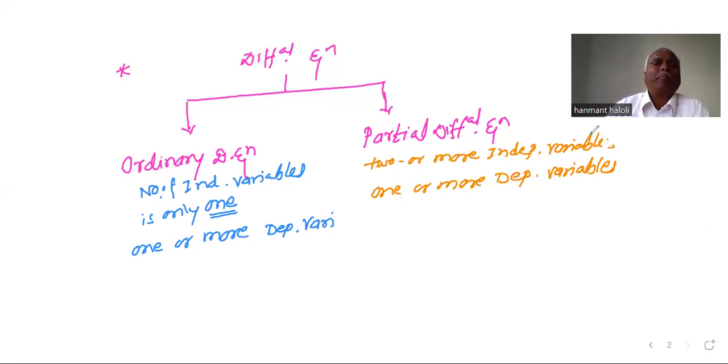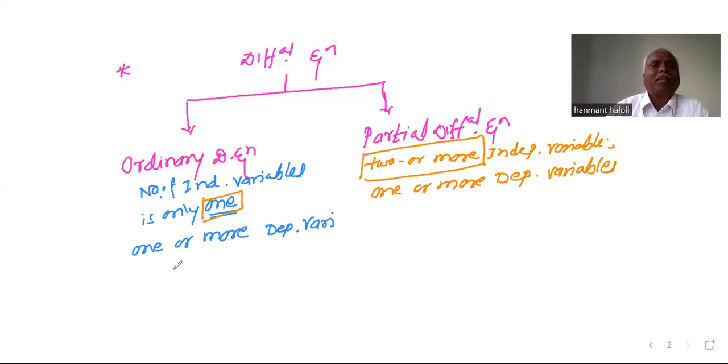This is the main difference: an ordinary differential equation contains only one independent variable, and in a partial differential equation two or more independent variables are allowed.